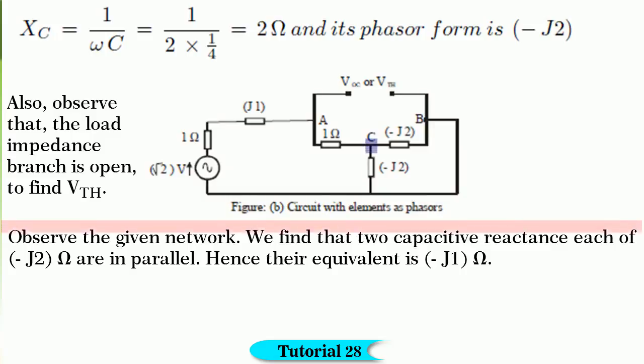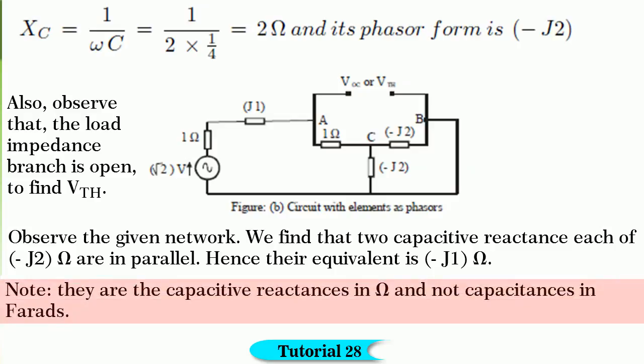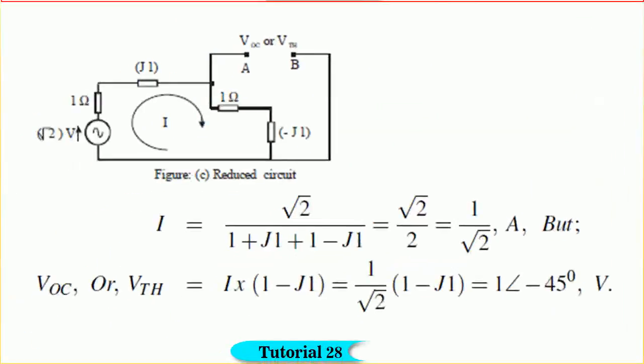Also, two capacitive reactances of −j2 ohm are in parallel. Hence, their equivalent is −j1 ohm. Note, they are capacitive reactances and not the capacitances in farads. So, incorporating this reduction, the circuit drawn is shown in figure C.